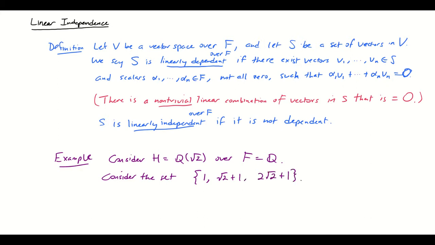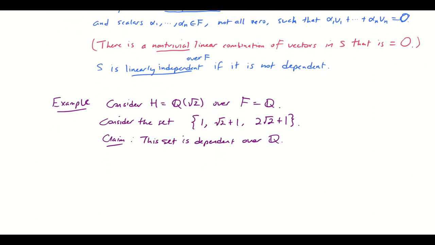Those are all elements of Q adjoin root 2. Now I claim that this set is linearly dependent over Q. And we can show that. So here's why.